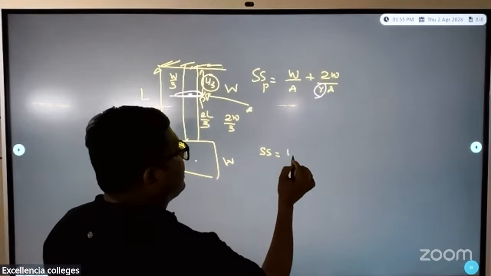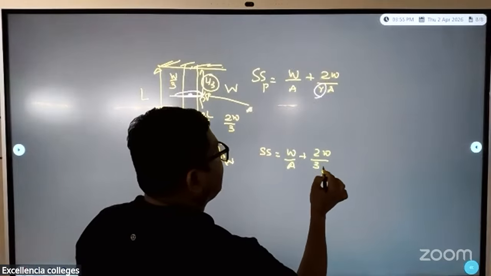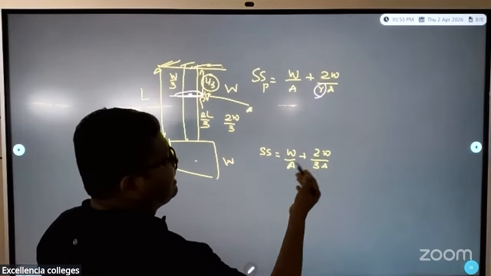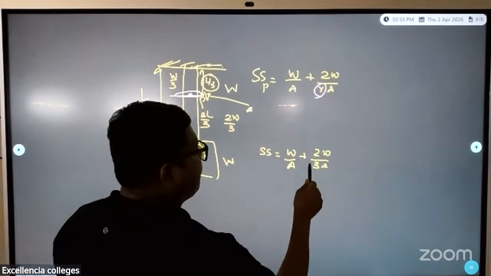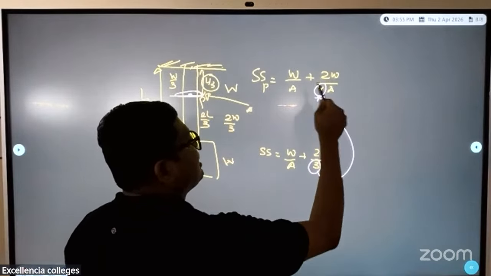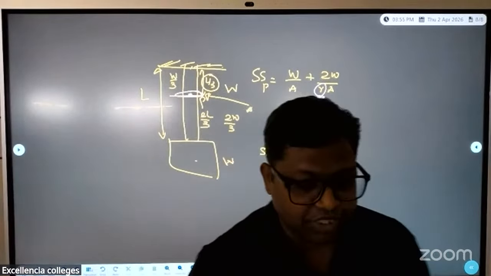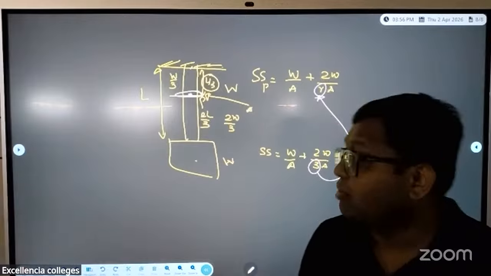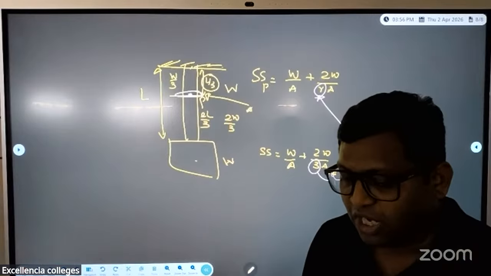So total load you can write W by A plus 2W by 3A. In fact this will be 5W by 3A. So we can see that the value asked in the question is simply 3. So this is how we can see that it's a simple straightforward question. In fact, the moment you look at the diagram, without solving itself, you can come to the conclusion.